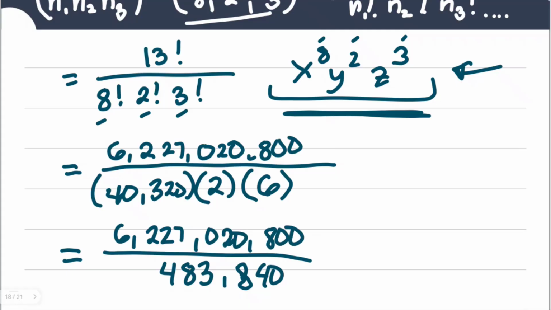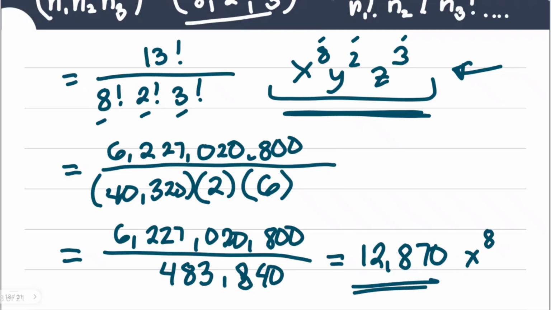So you will have again 6,227,020,800 to be divided by 483,840. This results to 12,870. The numerical coefficient of x to the power of 8 y squared z cube.